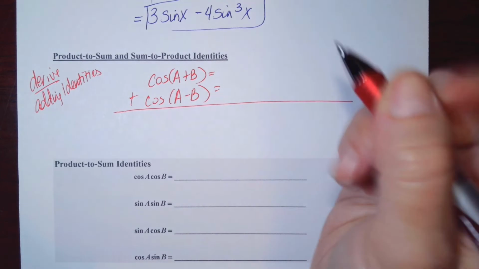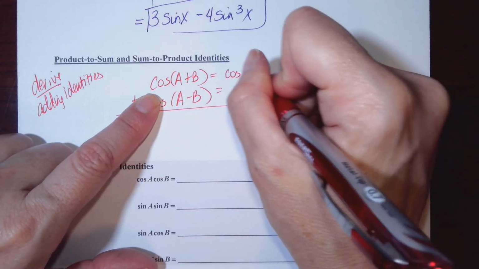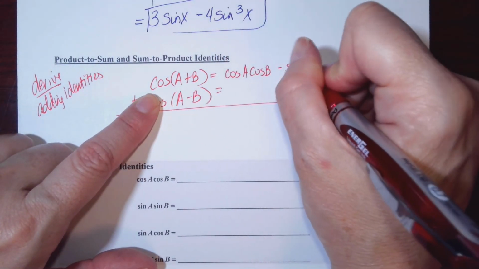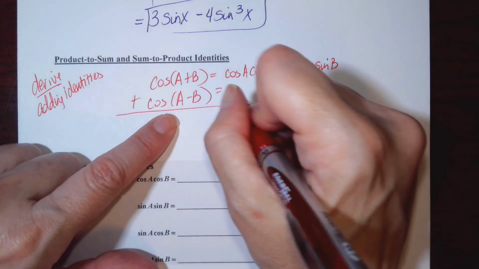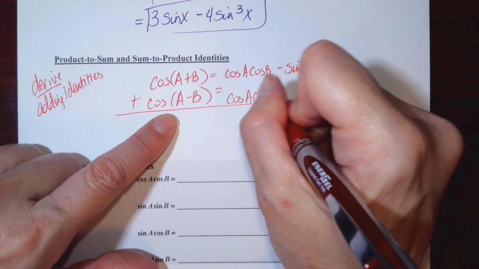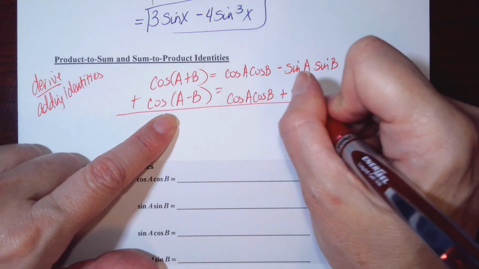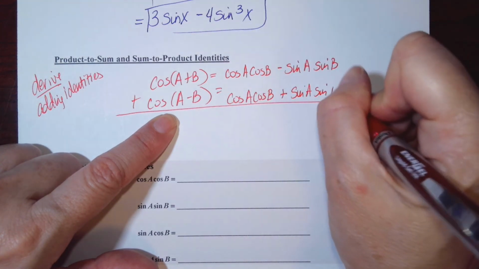Well, cosine sum is cosine A cosine B minus sine A sine B. Cosine difference is cosine A cosine B plus sine A sine B.